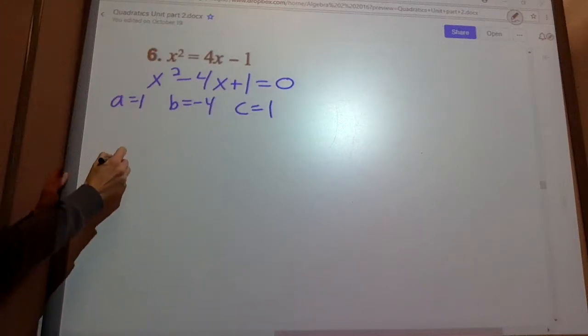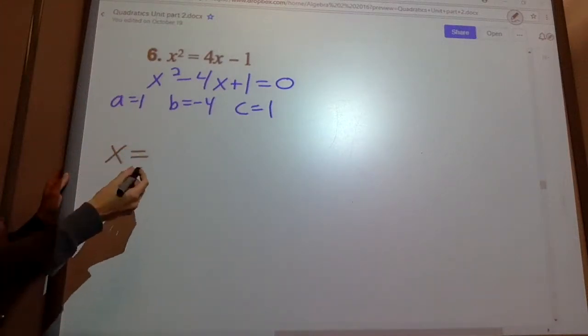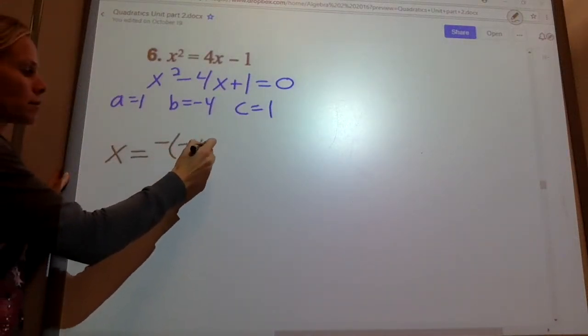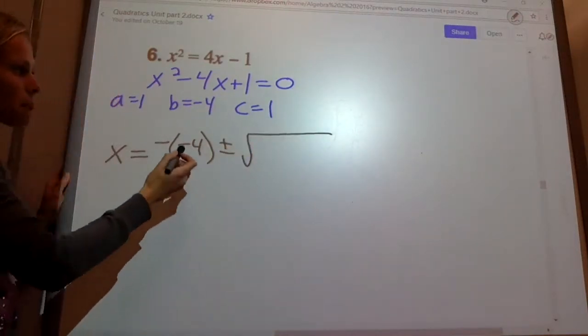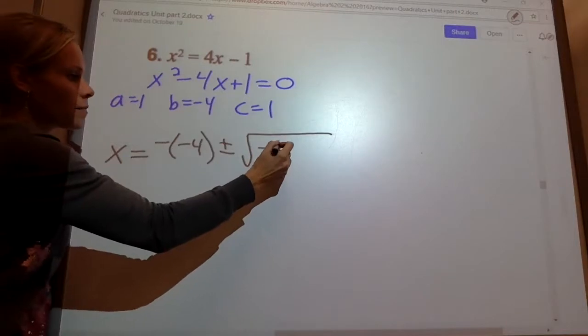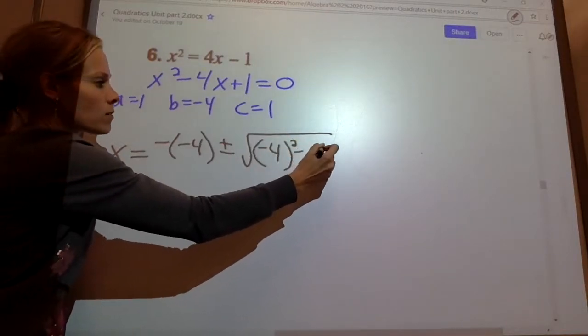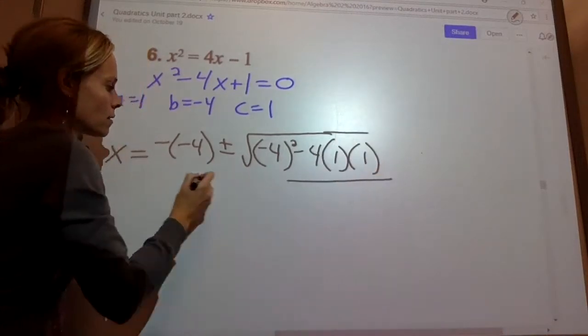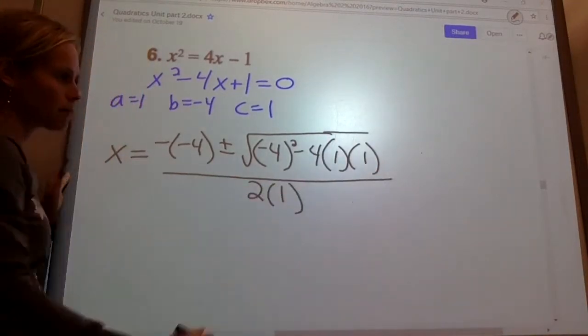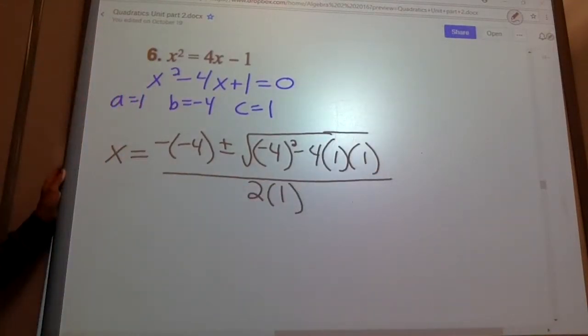So quadratic formula, x equals -b plus or minus the square root of b squared minus 4 times a times c all over 2 times a. Sub them in, and then simplify.